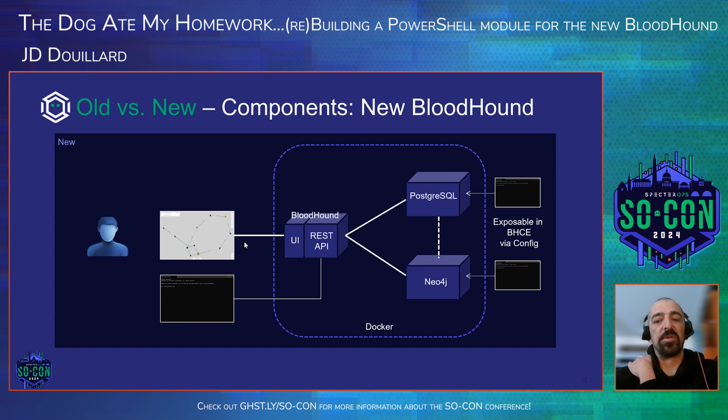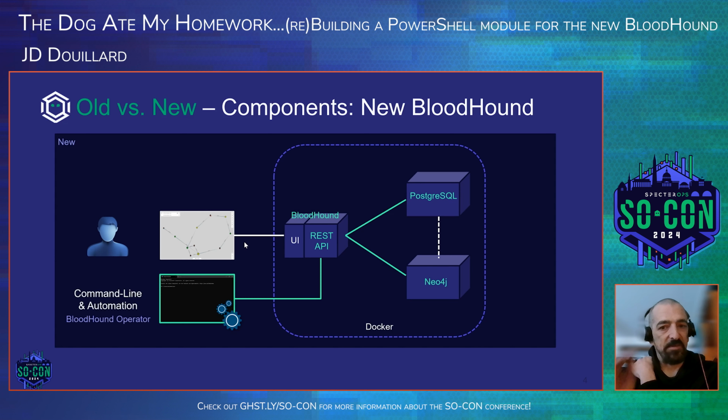In BloodHound Community, you can still expose the Neo4j and SQL containers and interact directly with them. That's mostly for advanced users and not really needed, since you can do almost everything via the BloodHound REST API itself.